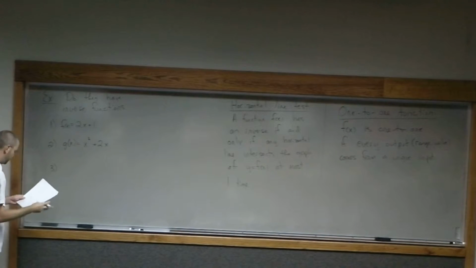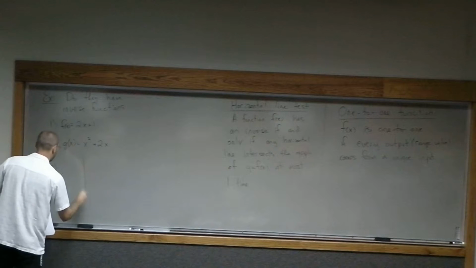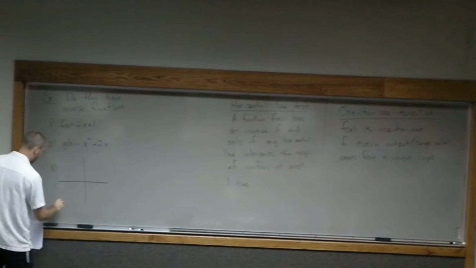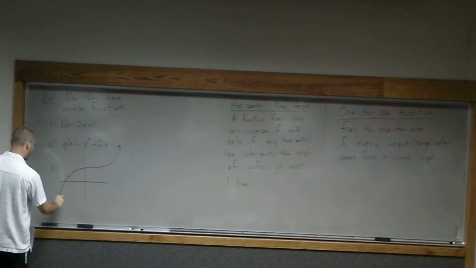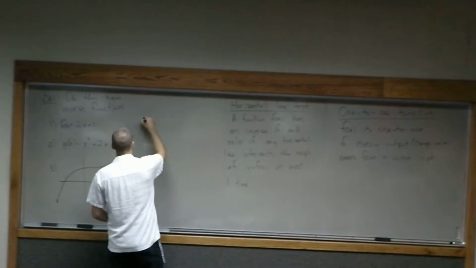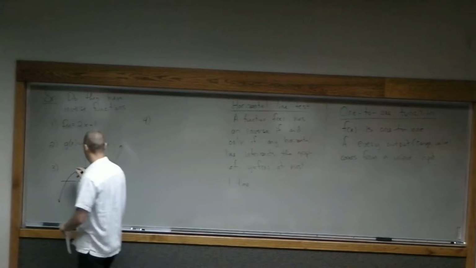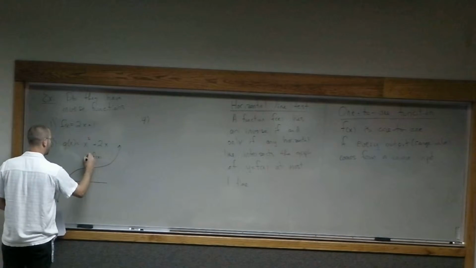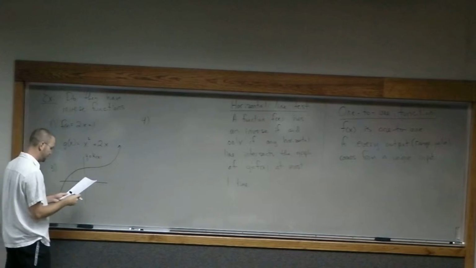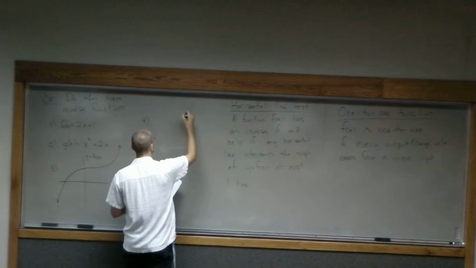Third one's going to be a graph like this. So here's our y equals f of x. Not f of x, it's given this name called k of x. Something like that.